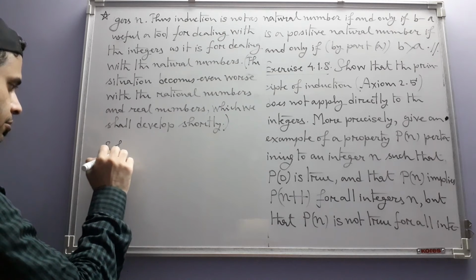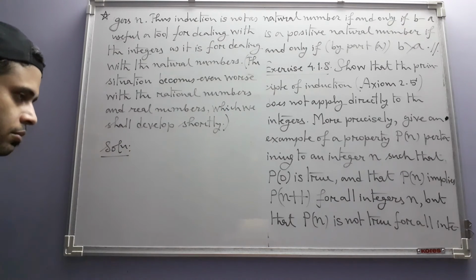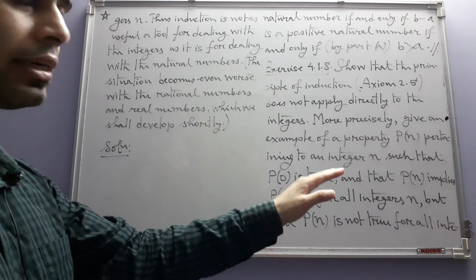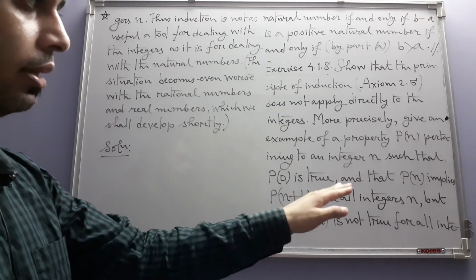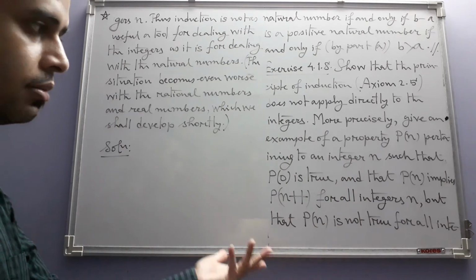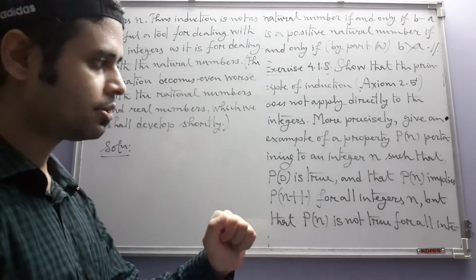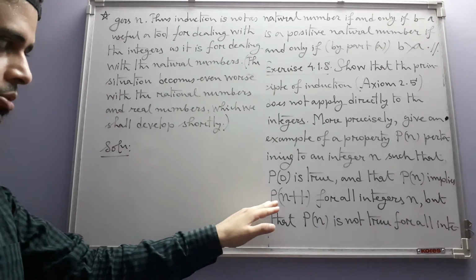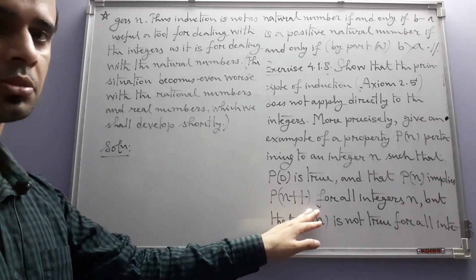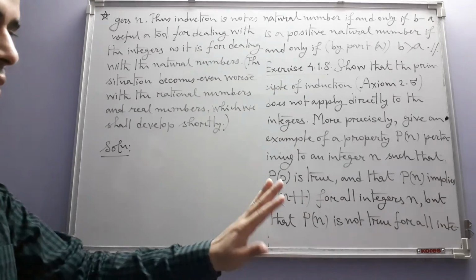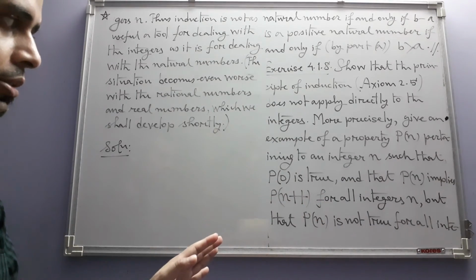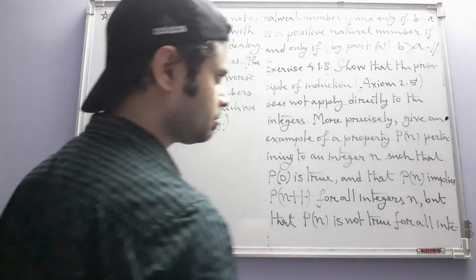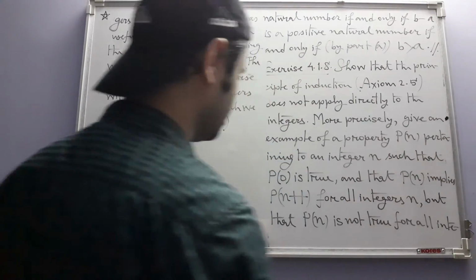So we have to provide an example of a P of n where n is any natural number for which P of 0 is true, and whenever P of n is true, then so is P of n plus plus. However, P of n is not true for all integers.